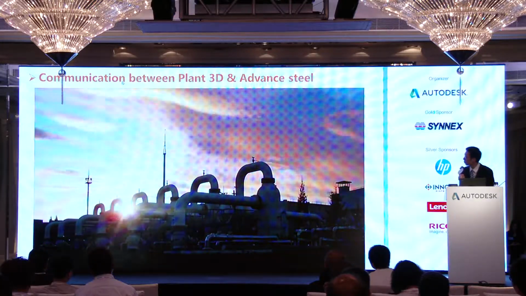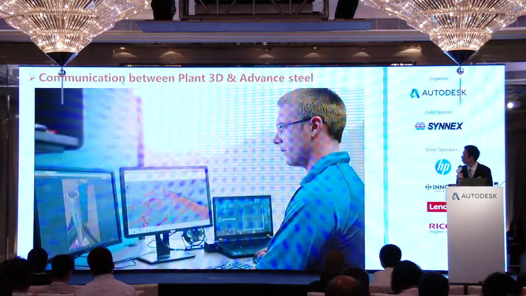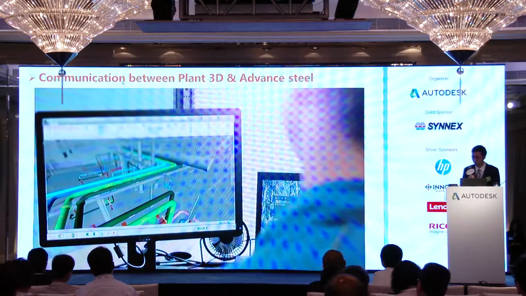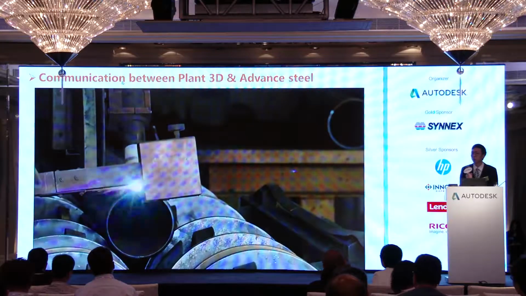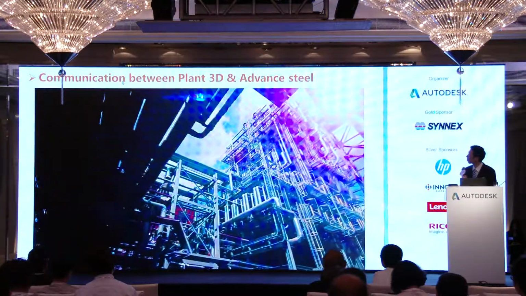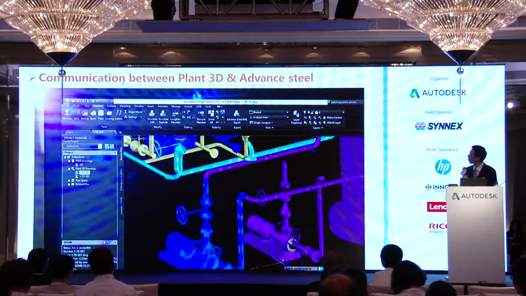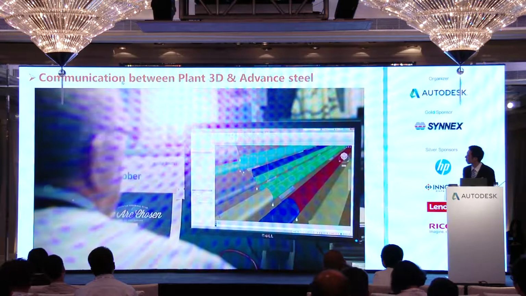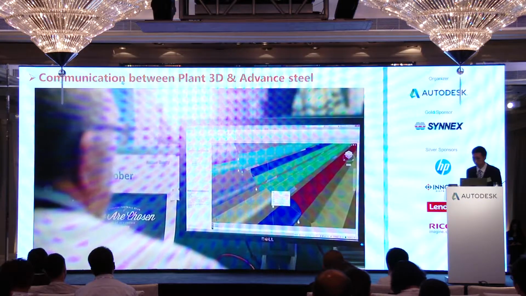In today's plant design environment, engineers and designers need to work closely together to plan, design, optimize, construct, and manage today's complex process plant. The Autodesk AEC collection has all the tools you need to design, engineer, and construct plant projects efficiently.